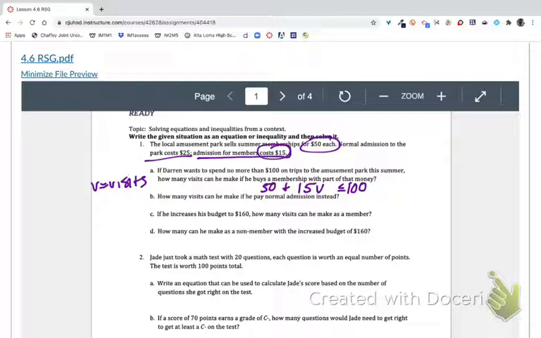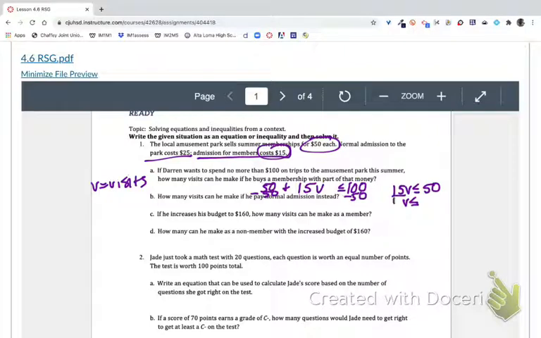If I were to solve this inequality, the first step is to subtract 50 from each side. I'm trying to get that constant moved and isolate the variable. So 15v is less than or equal to 50.